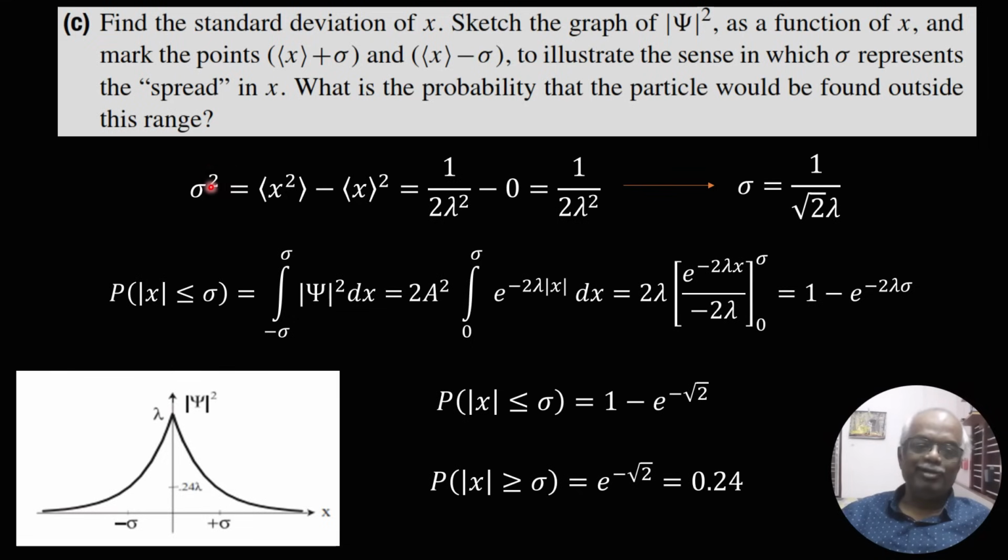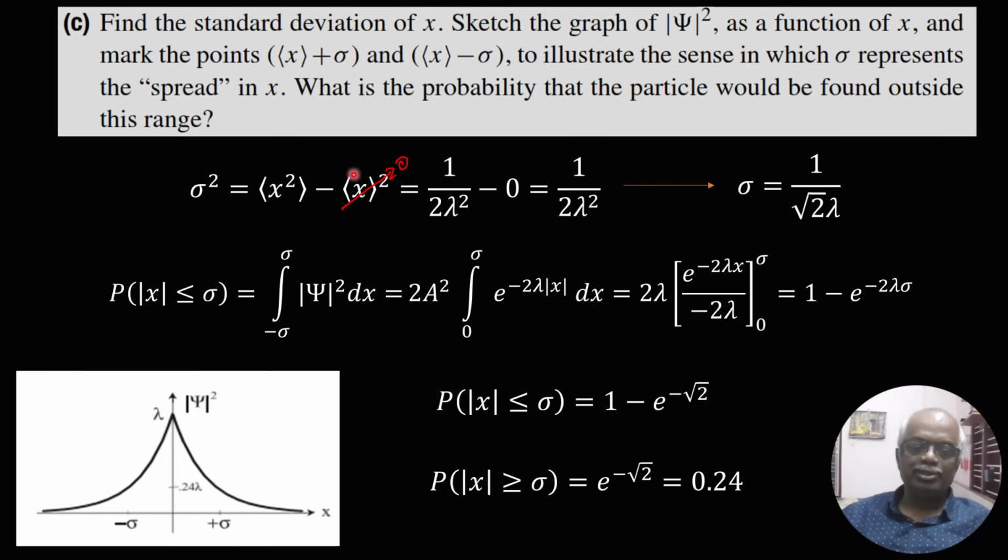So first we will find sigma squared. Sigma squared is by definition the expectation value of x squared minus the expectation value of x, whole squared. The expectation value of x is 0, and we know the expectation value of x squared is 1 over 2 lambda squared.